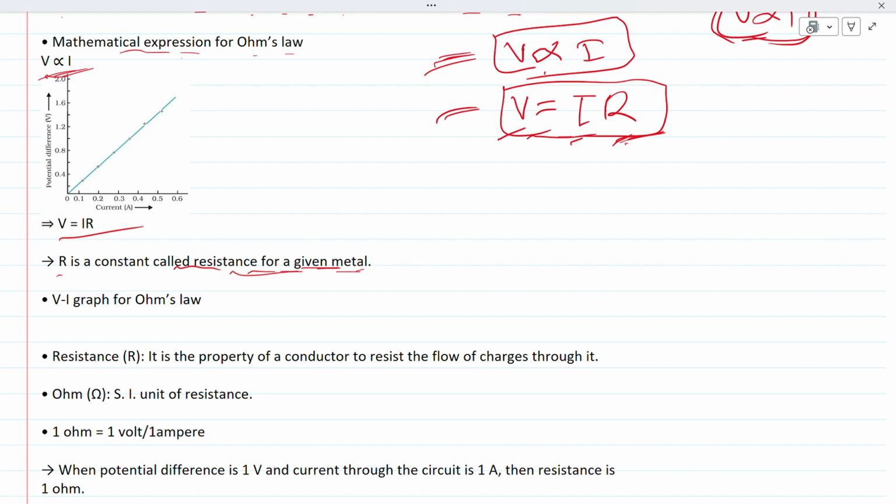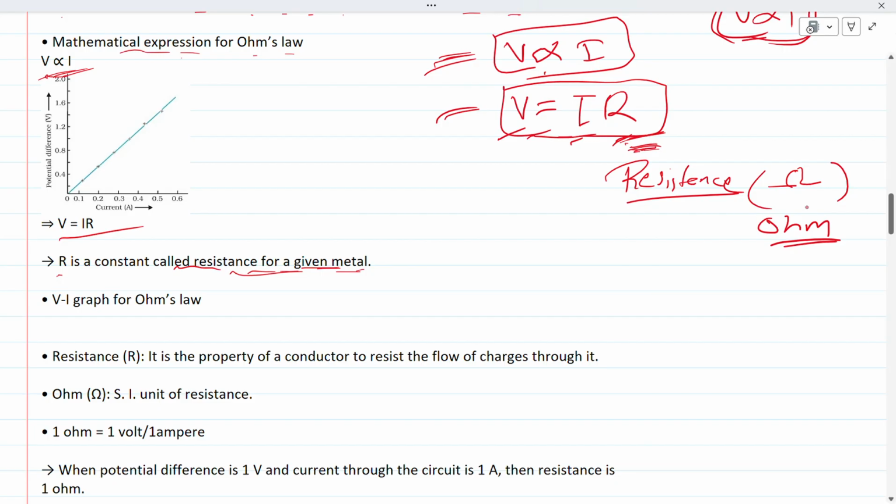R is a constant, and this constant is called resistance, and the symbol of resistance is ohm, written as OHM, ohm. This is the symbol of resistance.